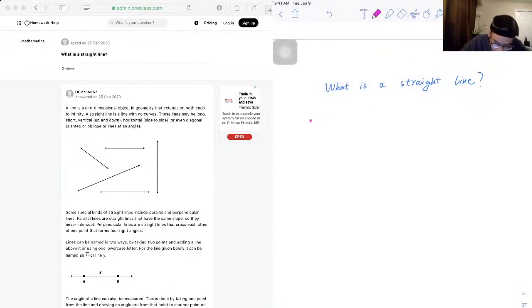A line, one-dimensional, extend on both ends to infinity.